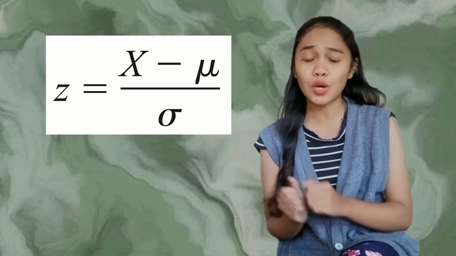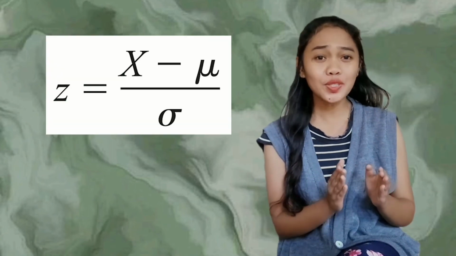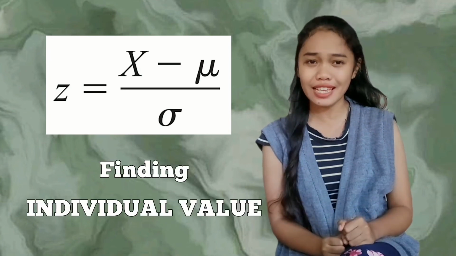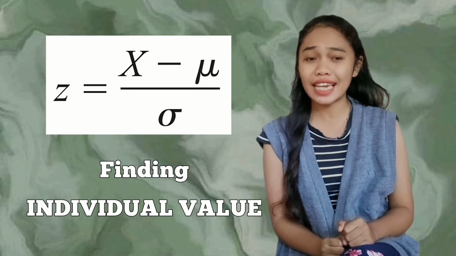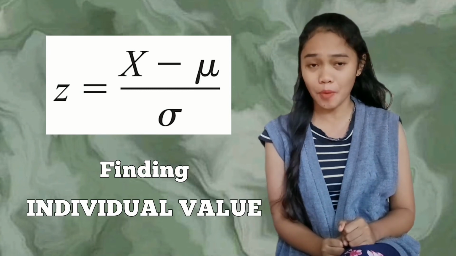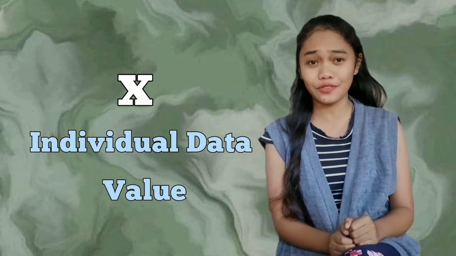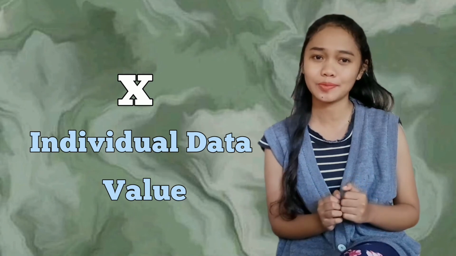On the other hand, the formula z equals x minus mu over sigma is used to gain information about an individual data value obtained from the population. Notice that the first formula contains x bar, the symbol of the sample mean, while the second formula contains only x, which is the symbol of the individual data value.